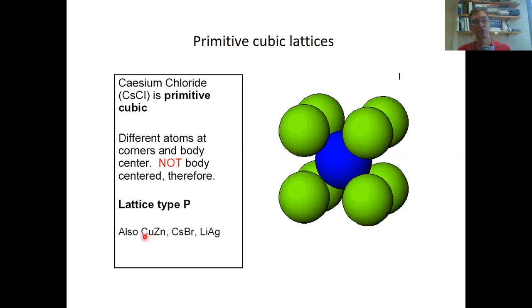Note that this is not an alloy, but an intermetallic compound. Cesium bromide as well as LiAg. Again, this is an intermetallic compound, not an alloy. So an alloy, just to remind you, is also a solid solution of one metal in another. That is distinct from an intermetallic compound.